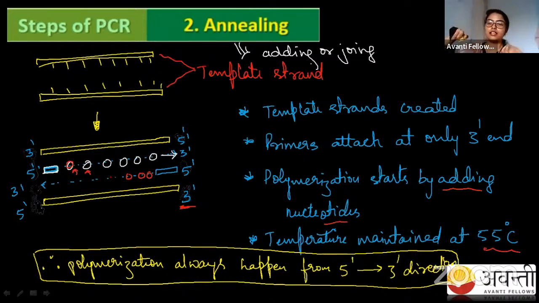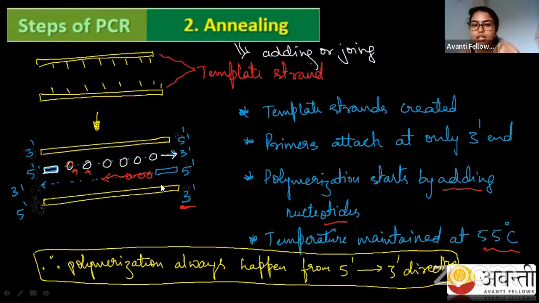It happens in the 5' end to the 3' end. ठीक है, so यहाँ पे 5' है, यहाँ पे 3' है, तो इसी डायरेक्शन में पॉलीमराइजेशन होगा. So this is annealing. Okay, adding of primer and adding of nucleotide.